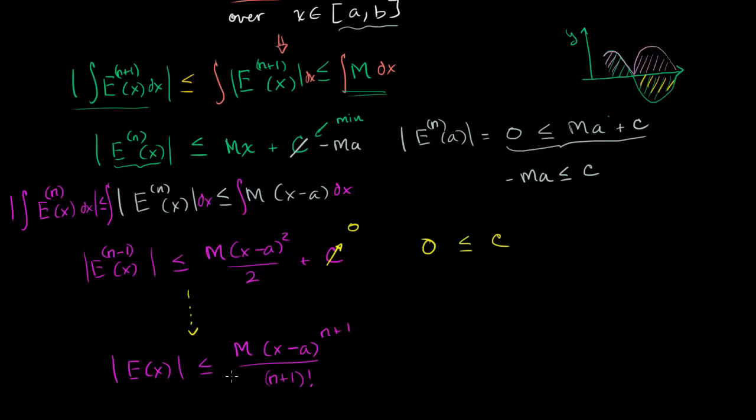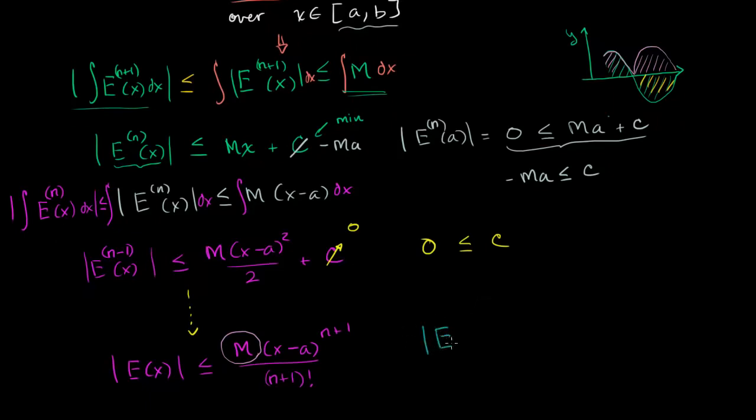But what's really interesting now is if we are able to figure out that maximum value of our function right there, we now have a way of bounding our error function over that interval between a and b. So for example, the error function at b, we can now bound it if we know what an m is.